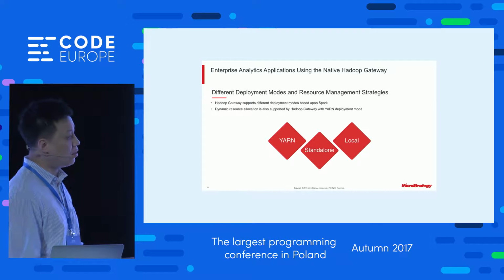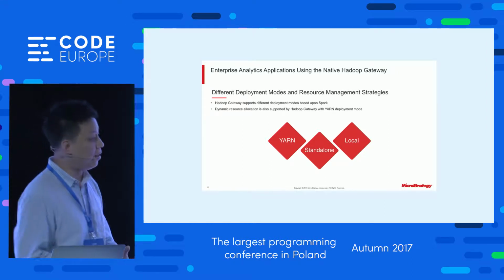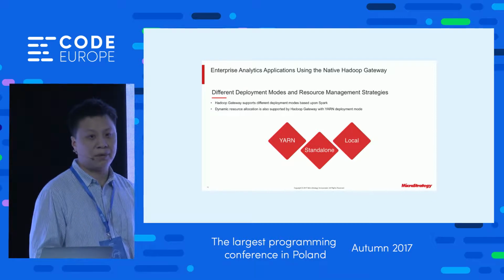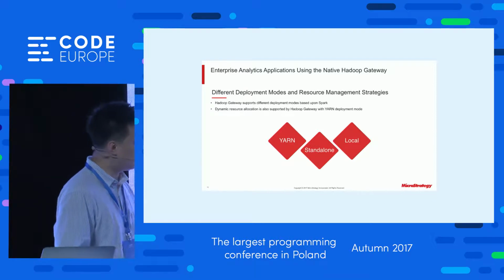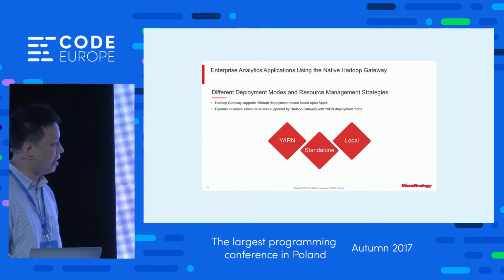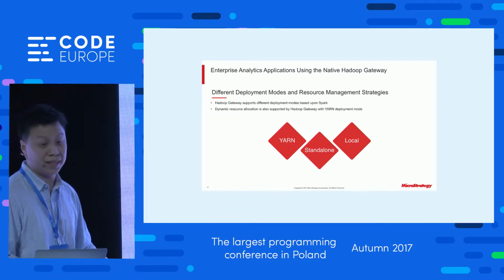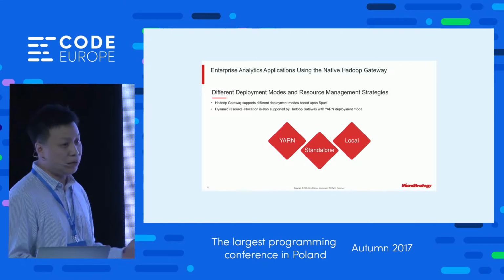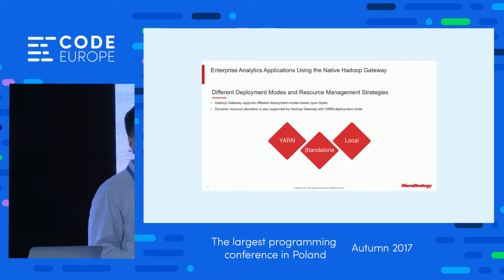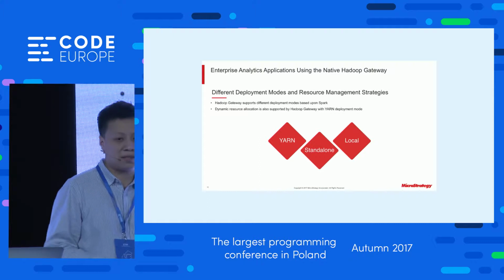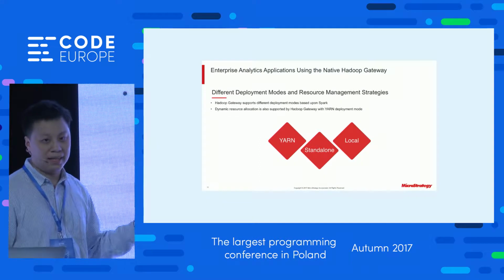Depending on Spark, we also provide different deployment modes. There are three deployment modes you can choose from. The first one is Yarn. Yarn is quite common at the customer side, and most customers are interested in it. The Hadoop Gateway just sends the request to the Yarn service and requests a resource from the Yarn container, and all the jobs and tasks are executed in the Yarn container.